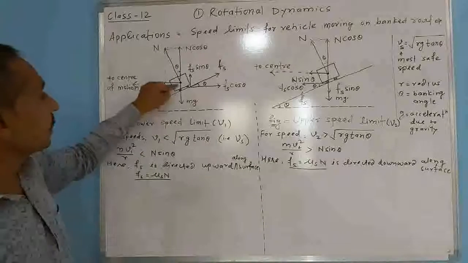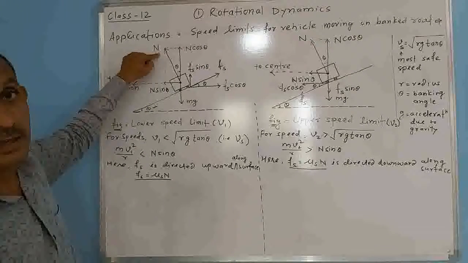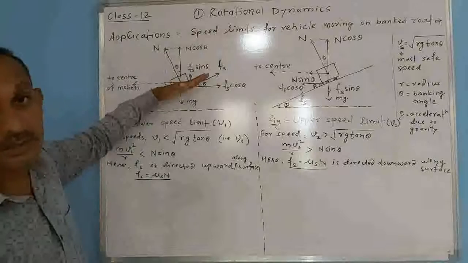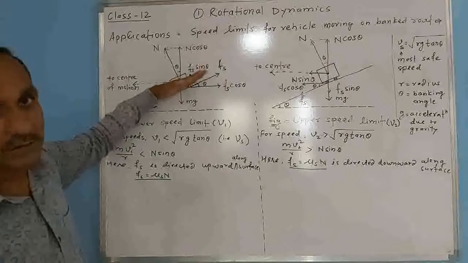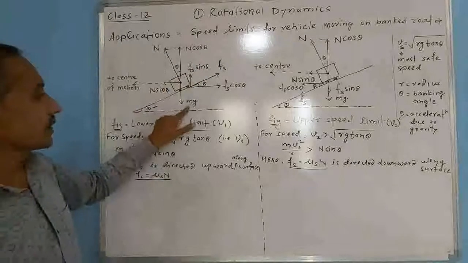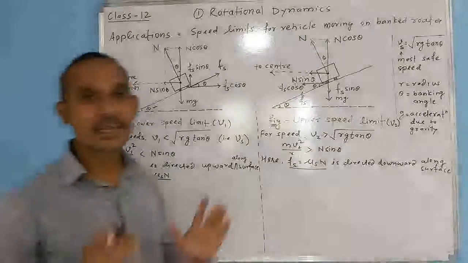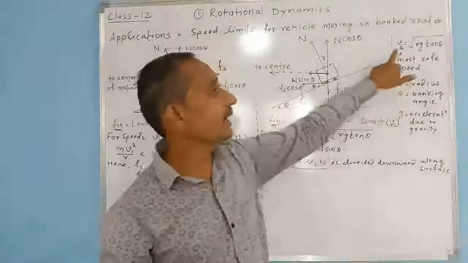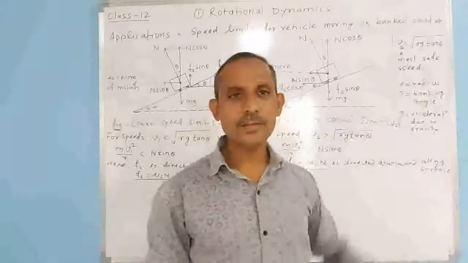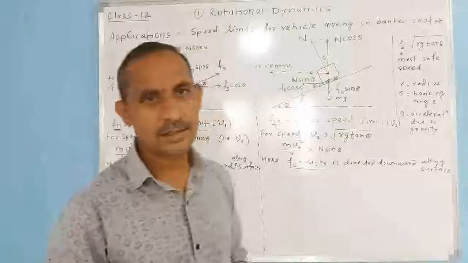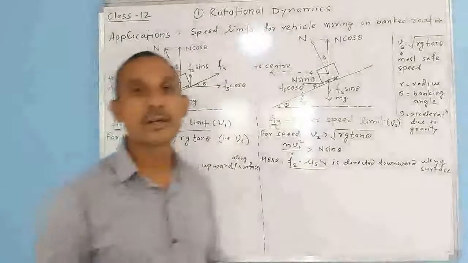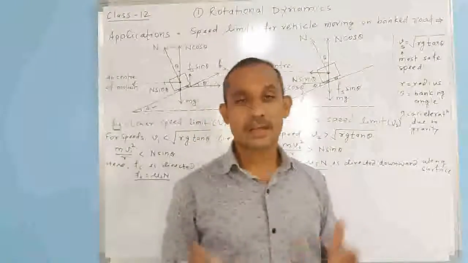The second force is the normal reaction force N, which is perpendicular to the road surface. These two forces, mg and N, we had considered while deriving Vs.